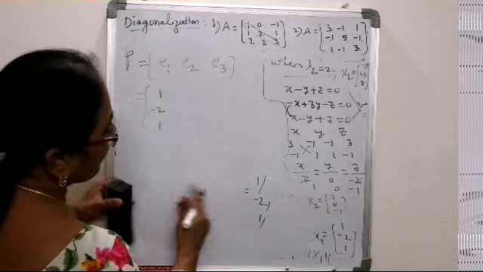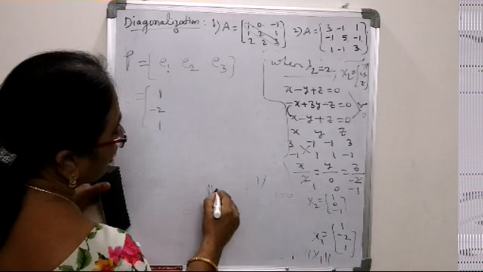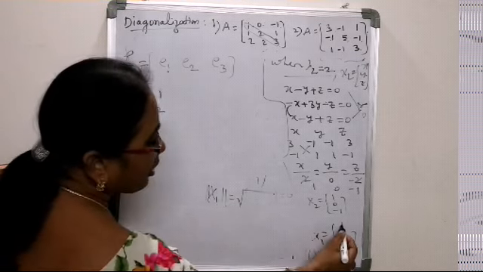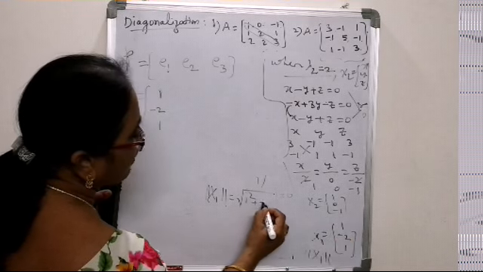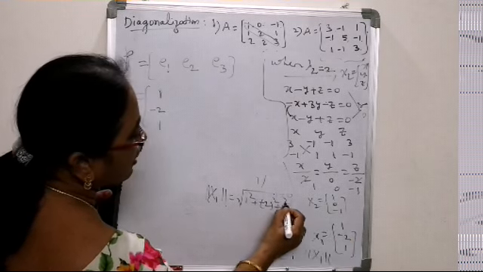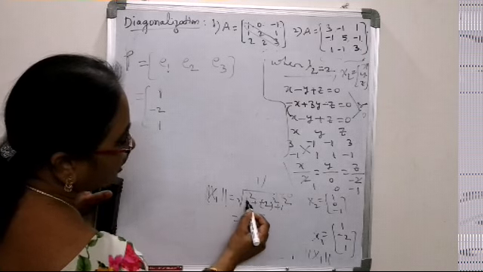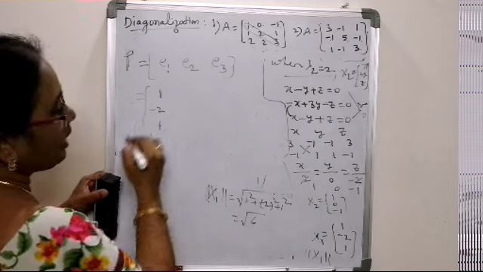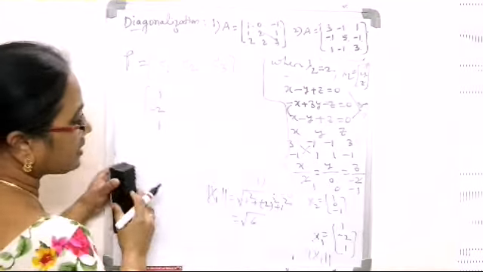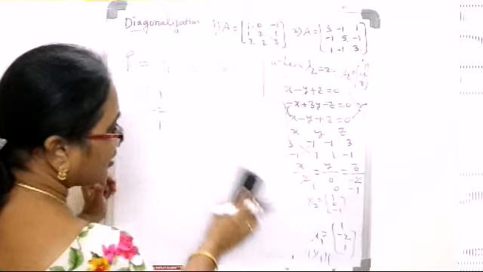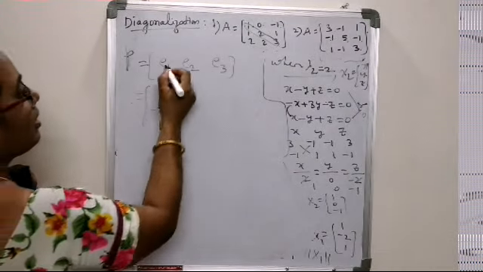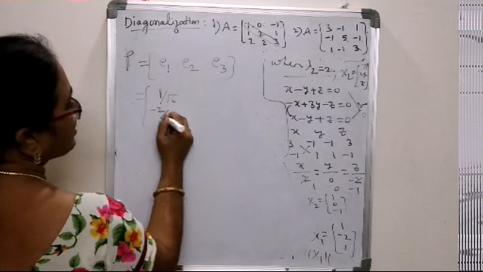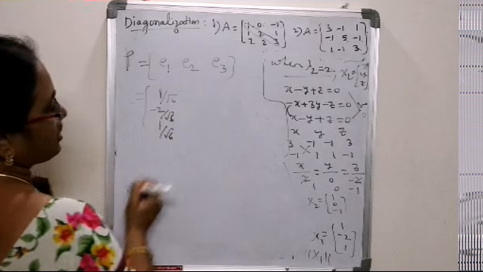The norm of the vector is calculated by finding the square of each of the entries, that is 1 square plus (-2) whole square plus 1 square, which gives us root over 1 plus 4 plus 1, it is root 6. When each of the elements of the vector x1 are divided by this norm, root 6, we get the vector E1. So the first normalized vector is (1 by root 6, -2 by root 6, 1 by root 6).